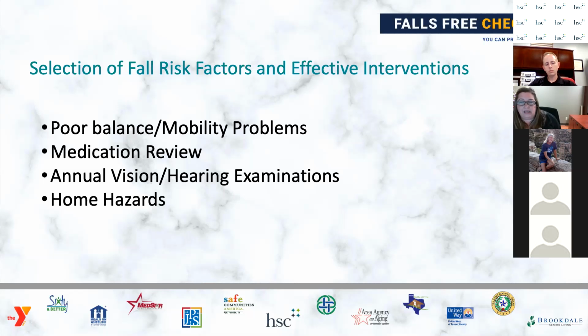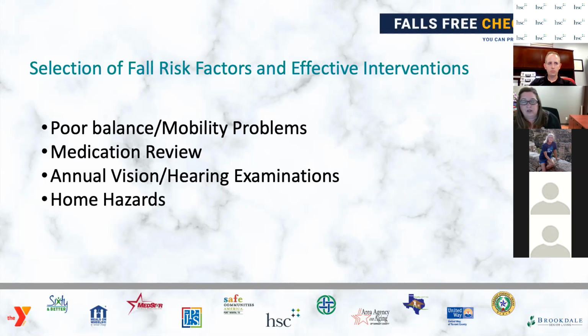All those can impair your vision, and impaired vision can lead to falls by not being able to see those curbs as we're stepping off of them, or those gradient changes. Hearing has been linked in several new studies to fall prevention as well. So we really recommend that if you can, get an annual hearing test.